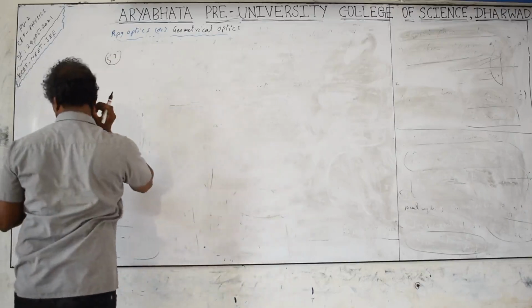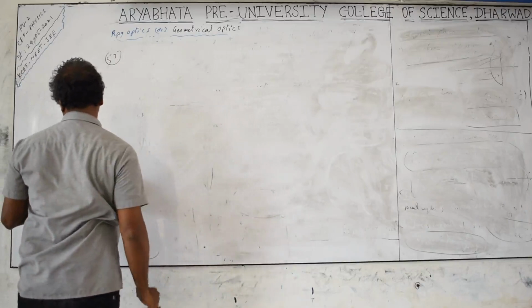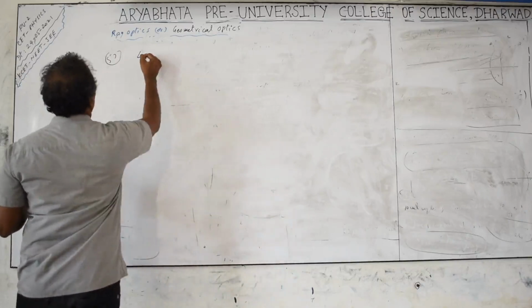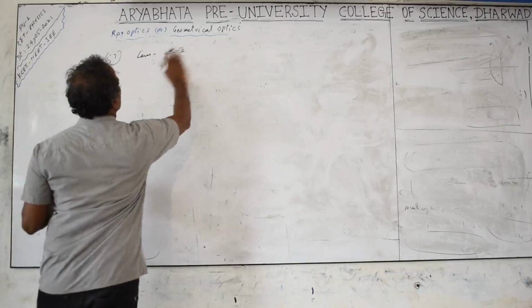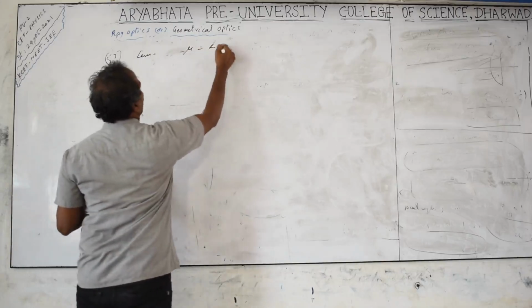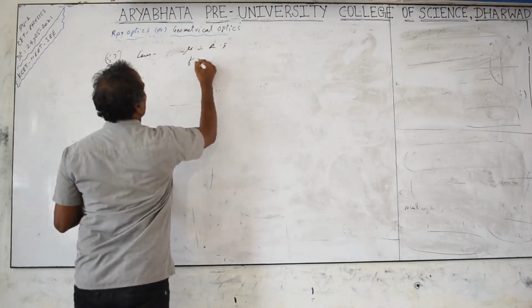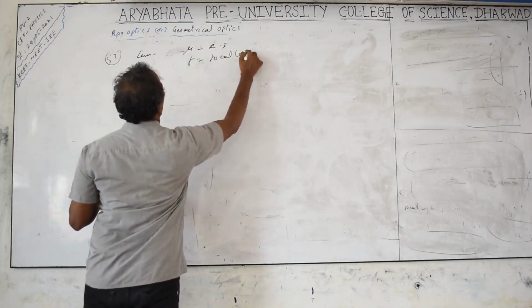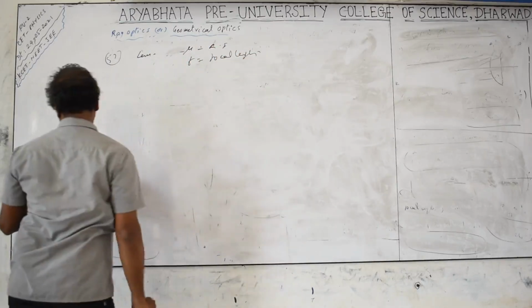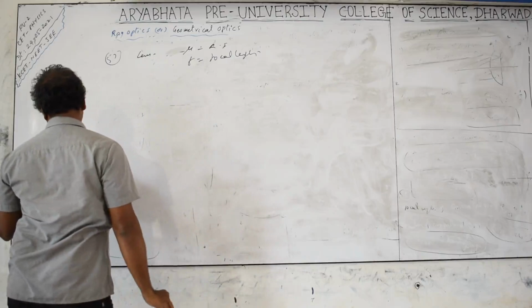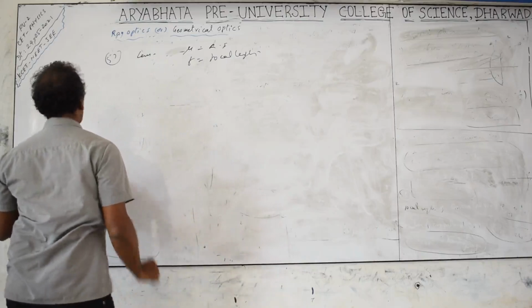57. Refractive index of the lens of the metal is mu and focal length is f. Mu is the refractive index, f is the focal length. Due to some chemical changes, the refractive index increases by 2%.